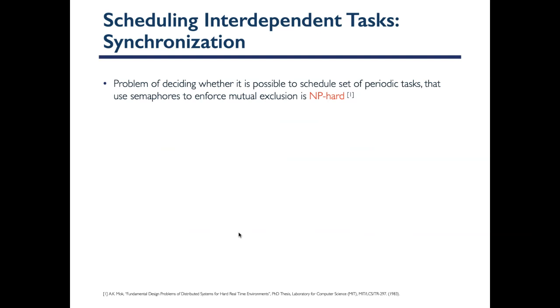Generally speaking, deciding whether or not a set of periodic tasks with interdependency, in this case, let's say they are dependent because they're using semaphores to enforce mutual exclusion, is schedulable on a CPU, on a uniprocessor, is an NP-hard problem.